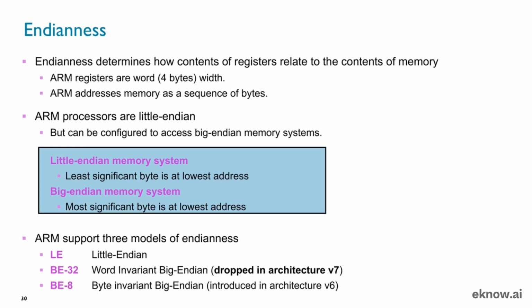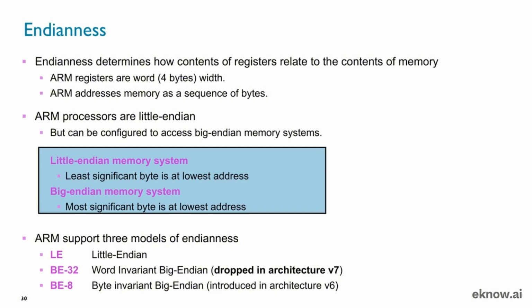First, there's the little-endian system. In this system, the least significant byte, the little end of the number, is stored at the lowest memory address. Let's take a 4-byte number, for example, hexadecimal 0x12345678. The least significant byte is 0x78.